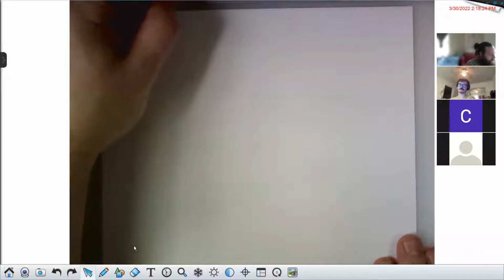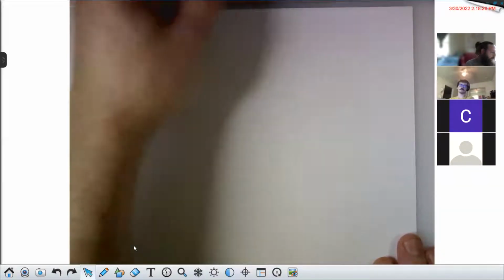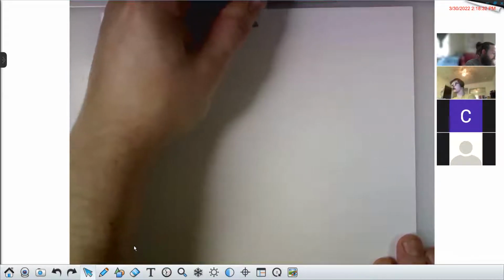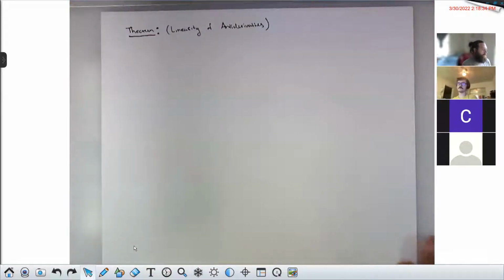I'll call this the linearity of antiderivatives. This just says if you want to take an antiderivative of a combination of functions, like some stuff added up or multiplied by numbers, you can do it one piece at a time, and you can ignore constant multiples.